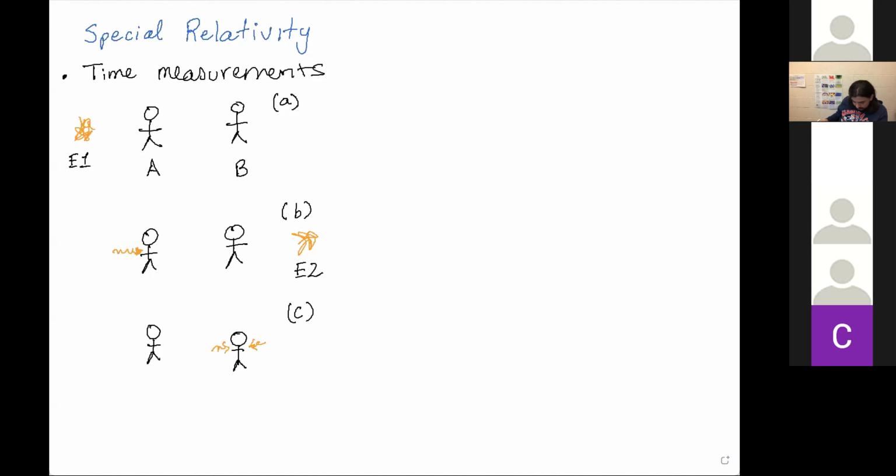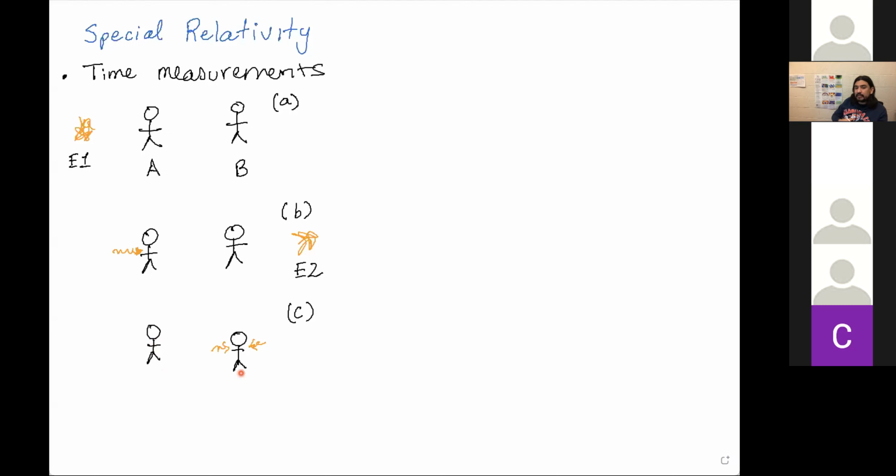So the first thing is, when we measure time, let's see, spotlight, there we go. When we measure time, in this case, we could have a final thing where the light of event 2 reaches this observer, right? And then if you ask observer A and observer B, did these two events happen at the same time?